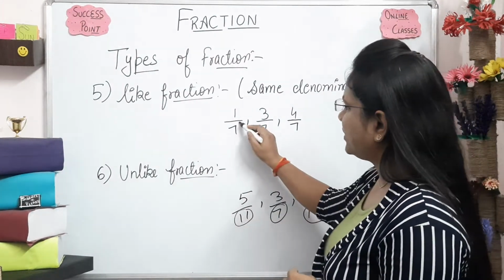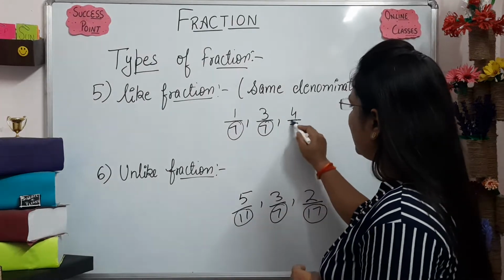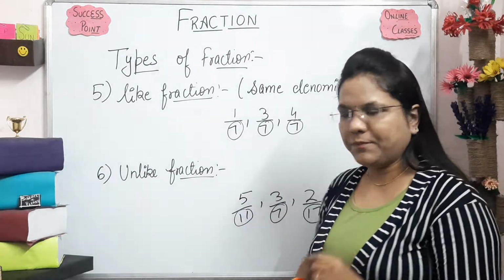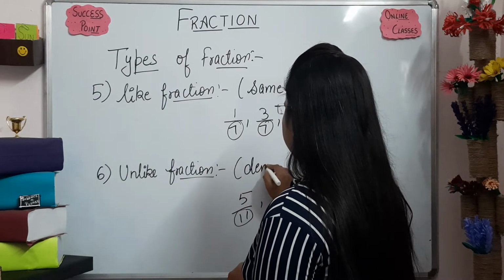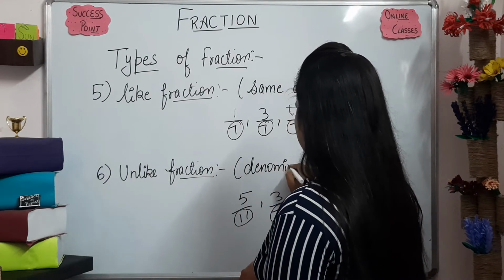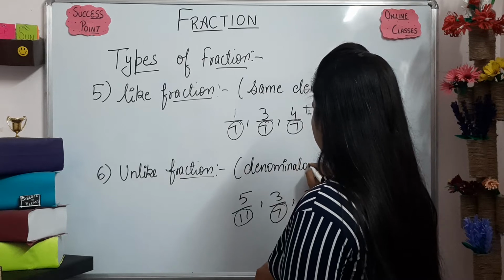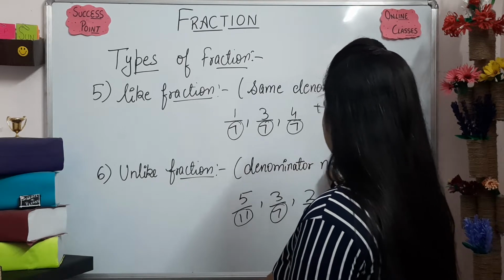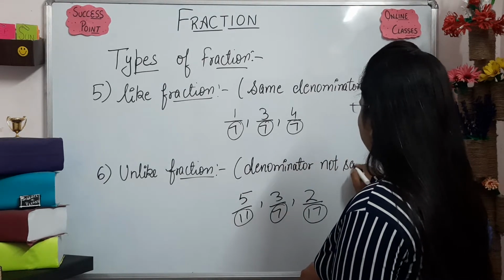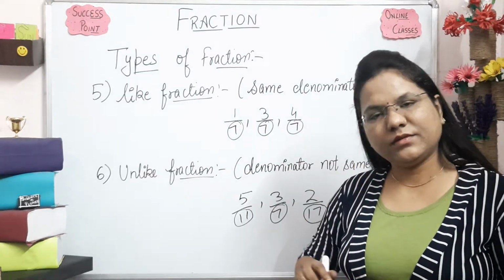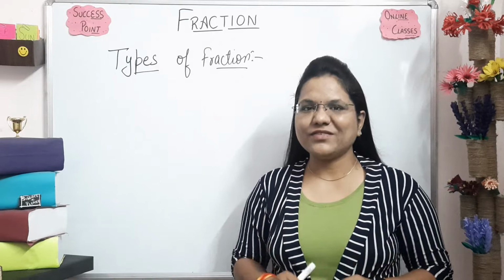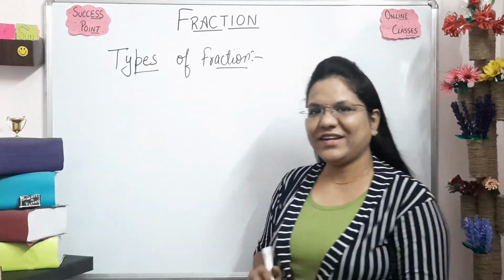And in like fractions, everywhere we get the same denominators. So we can write: denominators not the same, then we can say unlike fraction. So moving to the last type of fraction, that is equivalent fraction.